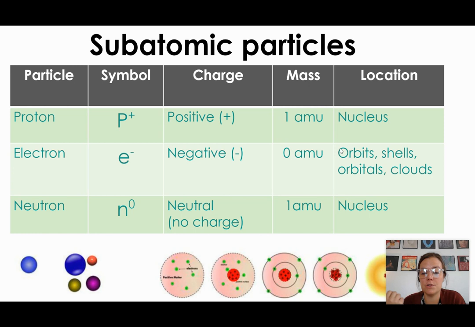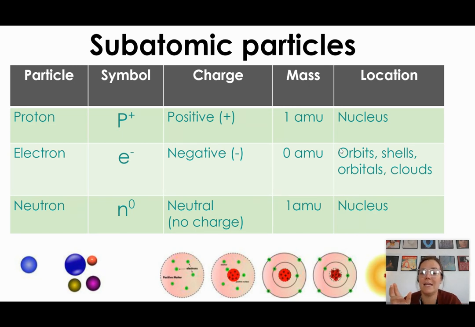They also contribute to the mass. So each atom, although it is teeny tiny, does have a mass. And the proton is one of the important things that contributes to the mass. It is found in the nucleus, so it contributes to the mass and the charge of the nucleus. And the protons are really important because they are what determine what element an atom is going to be.